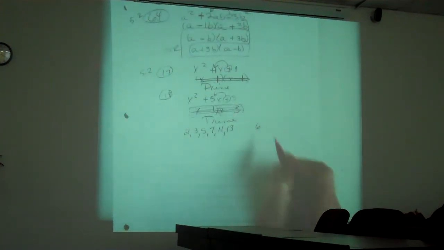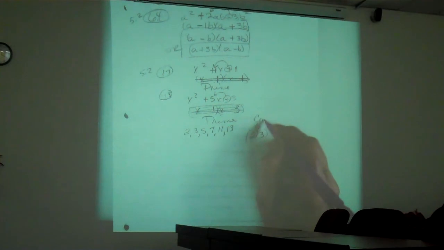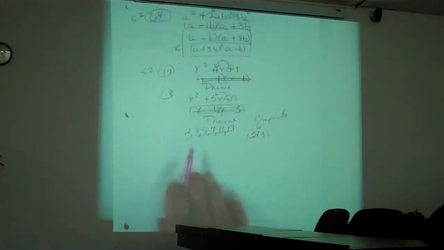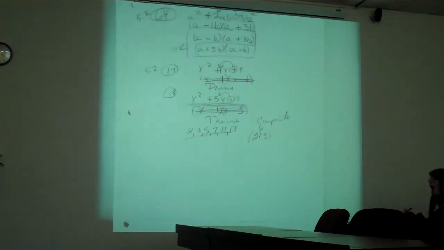Think of a number that's not prime, like 6. It has the factors of 2 times 3. See, it has factors. This is a composite number, and these are prime numbers. It's only itself times 1, or it's only factors. This has no factors, so it's prime. I get it.